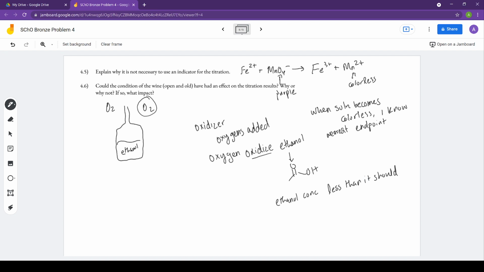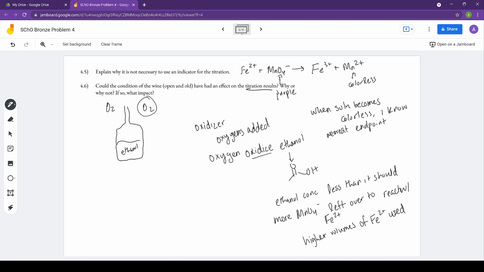That means that less permanganate is going to react with the ethanol, which means more permanganate, more MnO4 minus left over to react with the Fe2 plus. So we're going to have higher volumes of our titrants being used. So we're going to have higher volumes of Fe2 plus used.